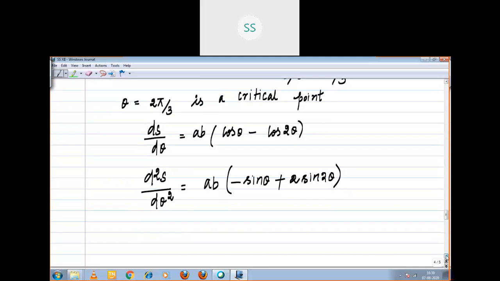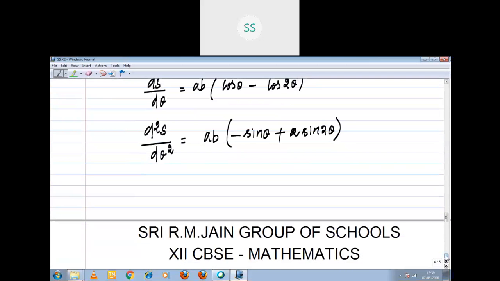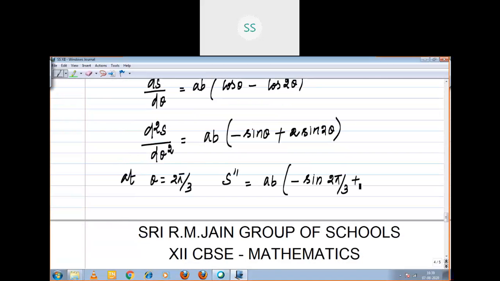Next, we are going to say maximum. That means the second order derivative is negative. At theta equal to 2 pi by 3, the second order derivative equals AB into minus sine 2 pi by 3 plus 2 sine 2 into 2 pi by 3.